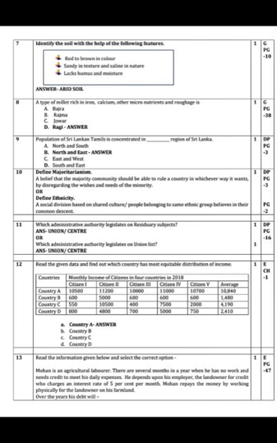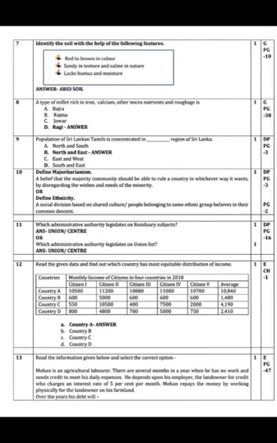So culture is shared, common culture, and people belonging to the same ethnic group believe in their common lineage or descent. Now question number 11, students. It is from political science only, but chapter 2 here, federalism.